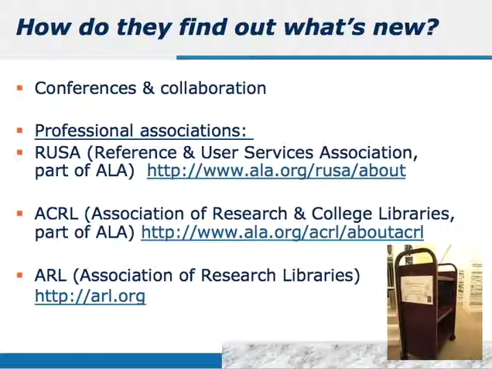Another organization is ACRL, which is a professional organization of academic librarians dedicated to enhancing the ability of academic library and information professionals to serve the information needs of the higher education community and to improve learning, teaching, and research. And that's not to be confused with ARL, which is the Association of Research Libraries, and unlike the other two, is not a part of ALA.